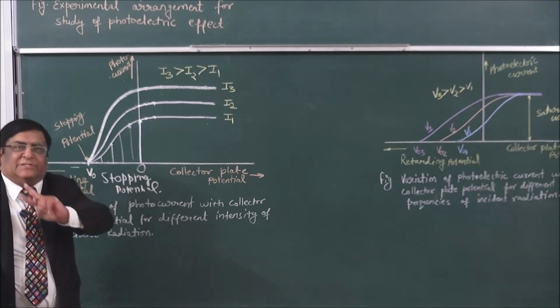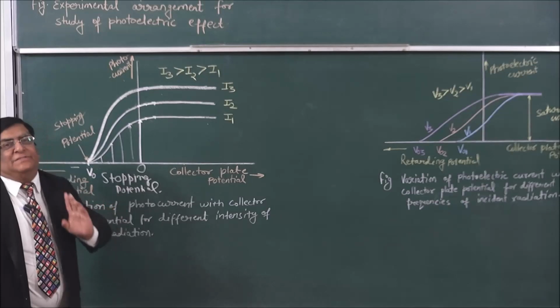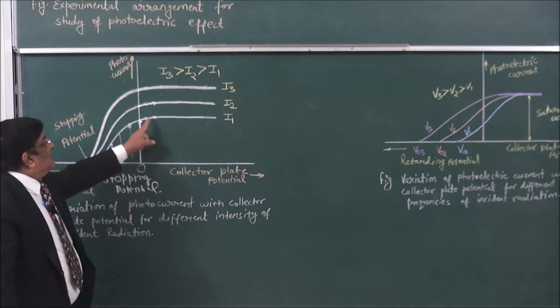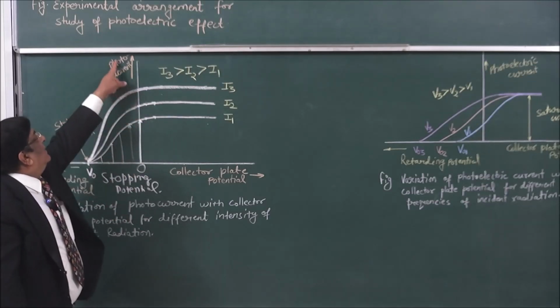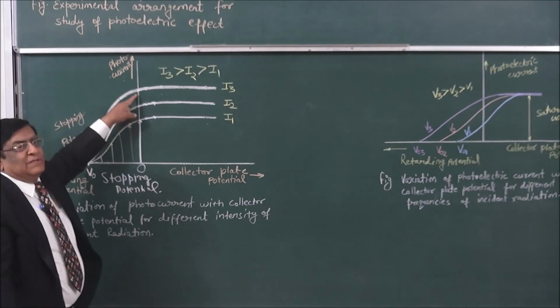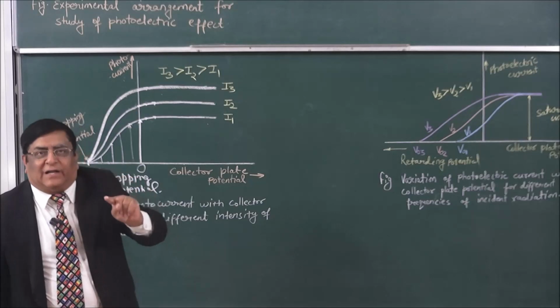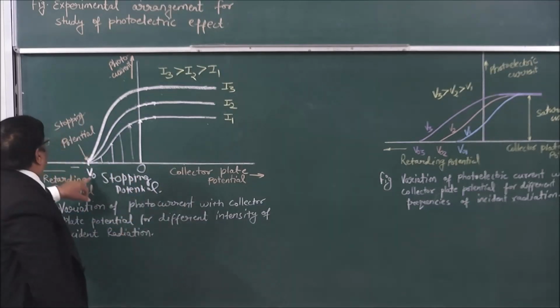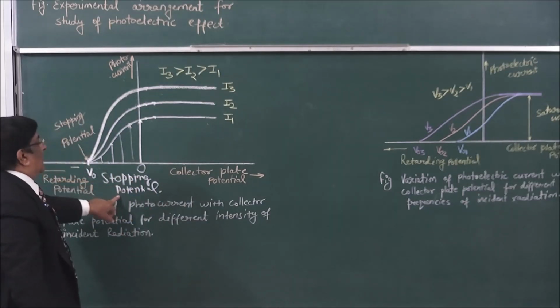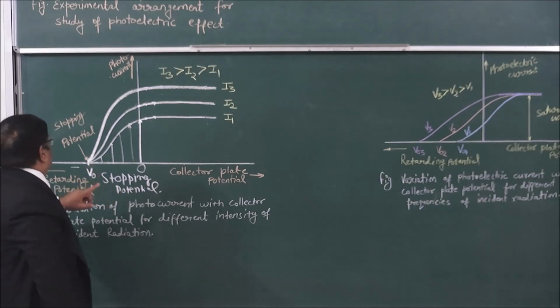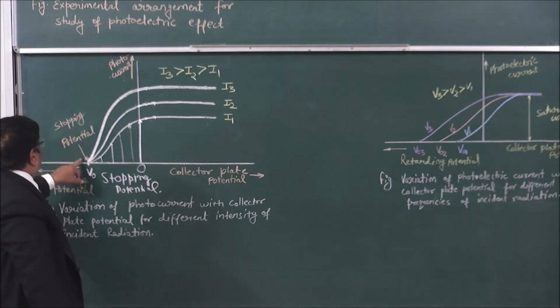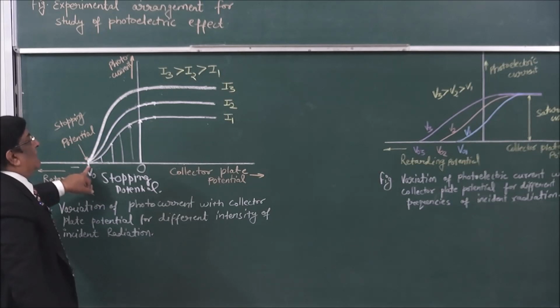So the stopping potential is related to frequency, the color. Intensity is changing and photocurrent is changing. So current is related to intensity, color is related to stopping potential. Color means frequency.